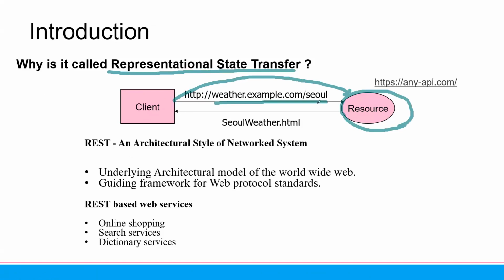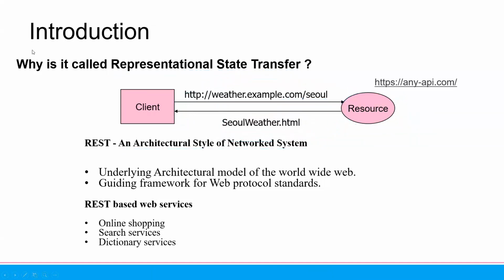So I want to connect to this resource through this link, and then I can see the HTML when I click this link. So the HTML will be seen in the client device. And there can be a lot of architectural styles. So it is the architectural style of the network system.